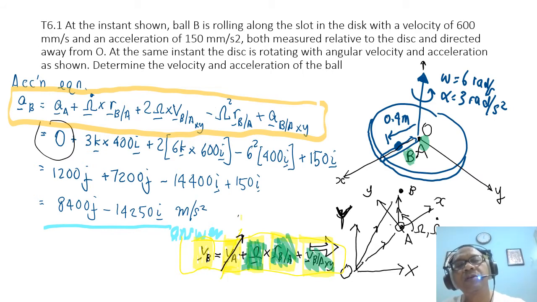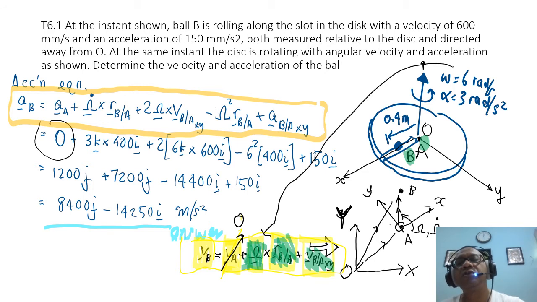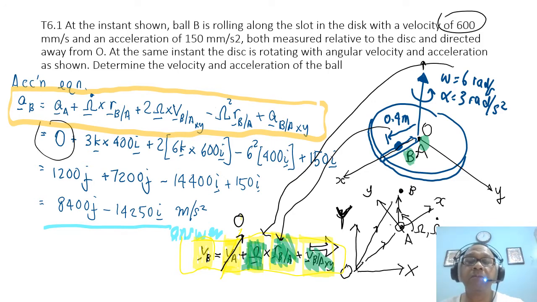You know your omega; omega is 6 radian per second, given. You know your position vector B relative to A, also given. And your relative velocity is 600 mm per second, given here. So it's all about understanding the terms. I hope I've explained it quite clearly.